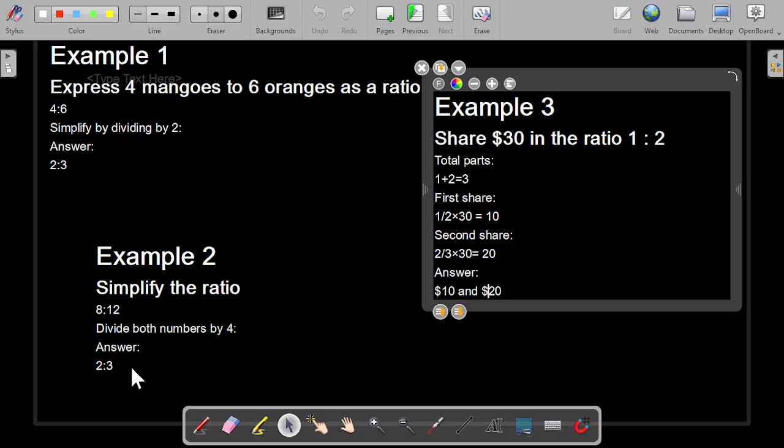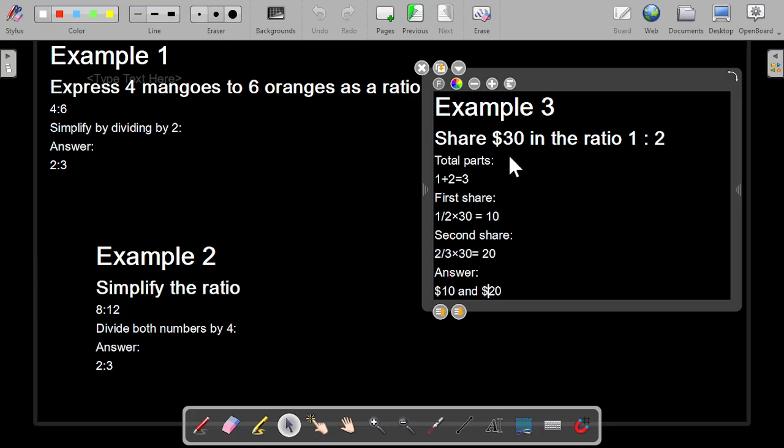2 ratio 3. It is very, very important that you bear this in mind. As I said before, ratios are used to compare two or more quantities, as we said earlier in the introduction. And you can also use them to share, for example, dollars, as we are going to see in example 3.